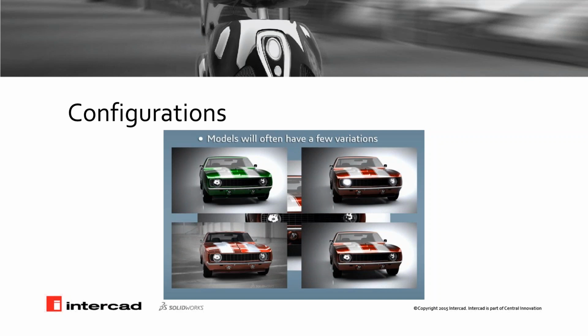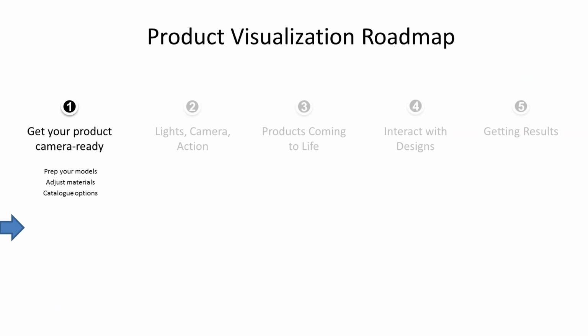All of these things can be changed and set up into multiple configurations and rendered together. So that's what we're going to do. We're going to prepare our model, we're going to adjust the materials, and we're going to catalog some of the different colors that we want for our Nespresso machine. So let's step in and create our first model.